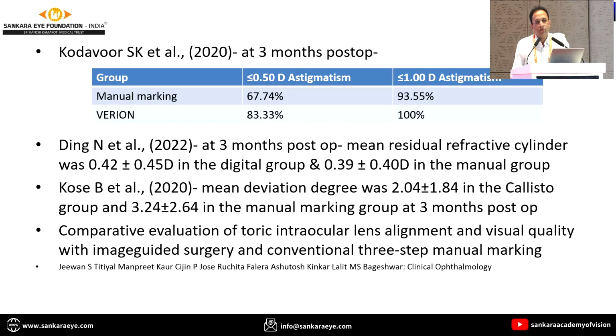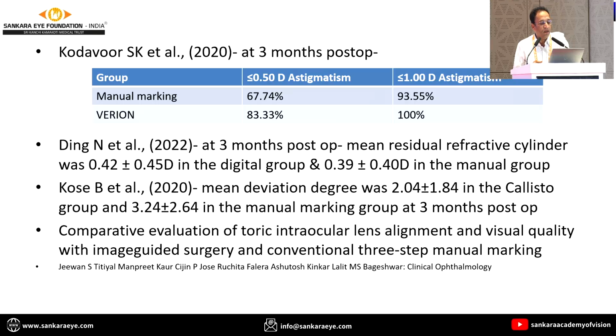Now, let us see what the comparison is, because we have to come to a conclusion whether manual marking or digital marking, because that's the most important aspect. So Shirish, my friend Shirish Kudavur, he did a study between manual and digital and he said the results were comparable.